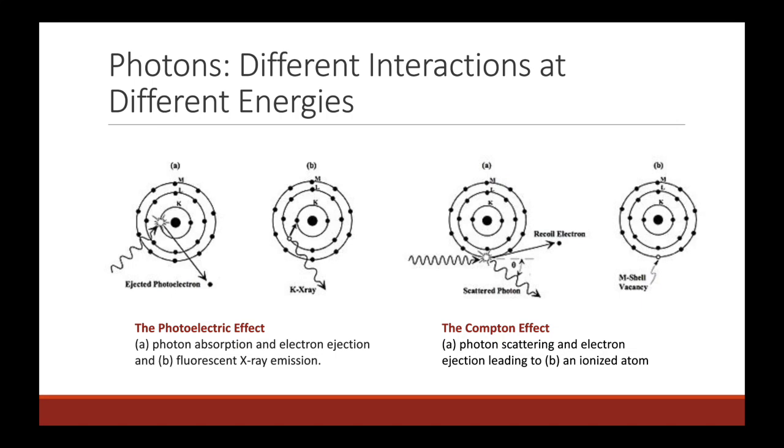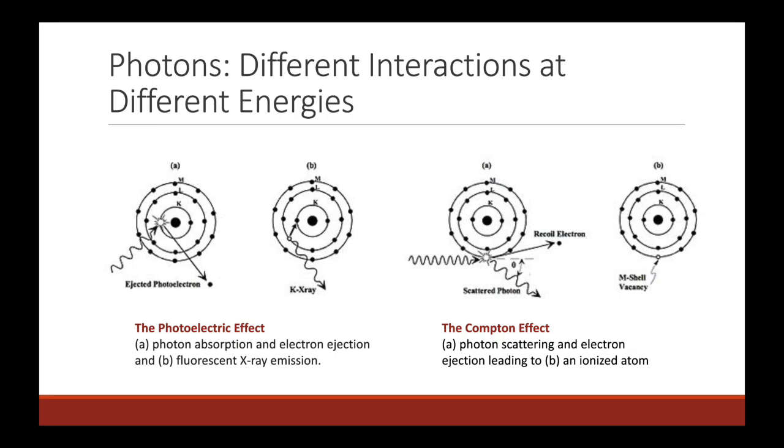So a high enough energy photon hits an outer shell electron of an atom, causing that electron to be expelled. The photon has high enough energy that the photon simply gets scattered in this process. And now the photon has somewhat lower energy, but it's still high enough that it can go and interact with another electron, having that similar effect.